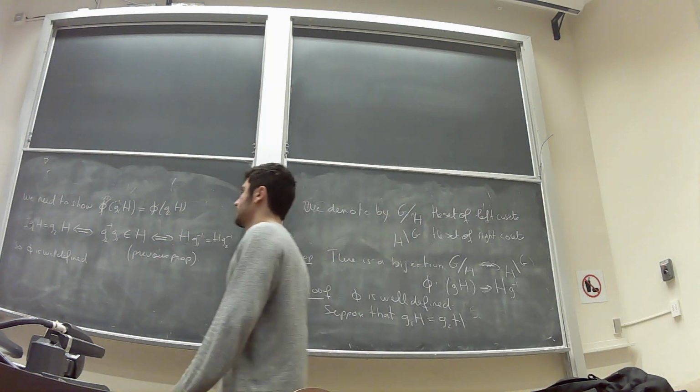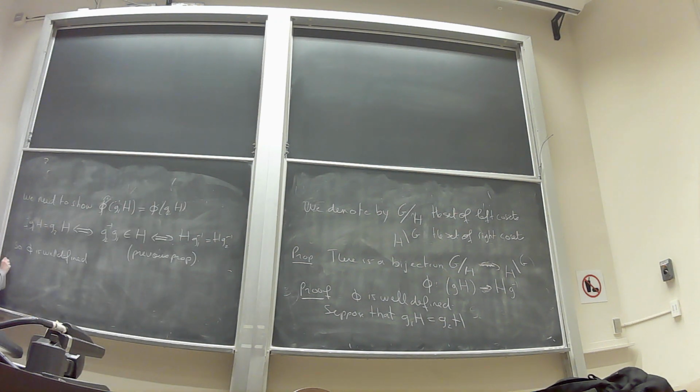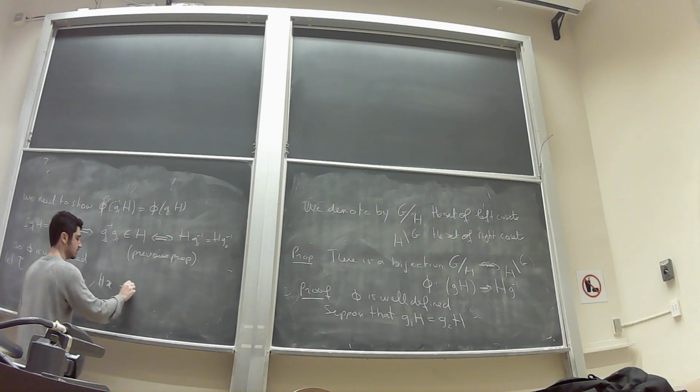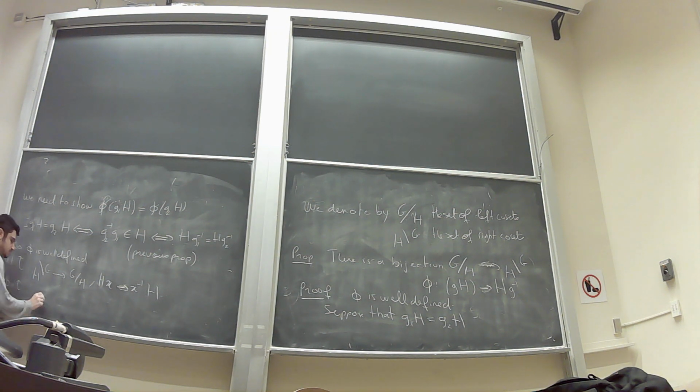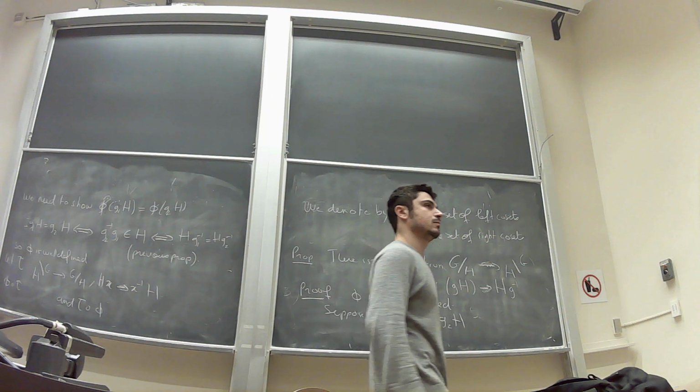Let tau be the map from the right cosets to the left cosets that sends a right coset Hx to x inverse H. Also, tau will be well defined by the same argument, and just look at phi composed with tau, and tau composed with phi. Okay, continue the proof.